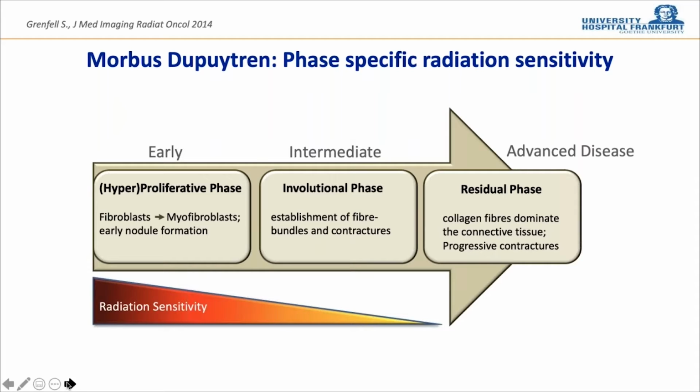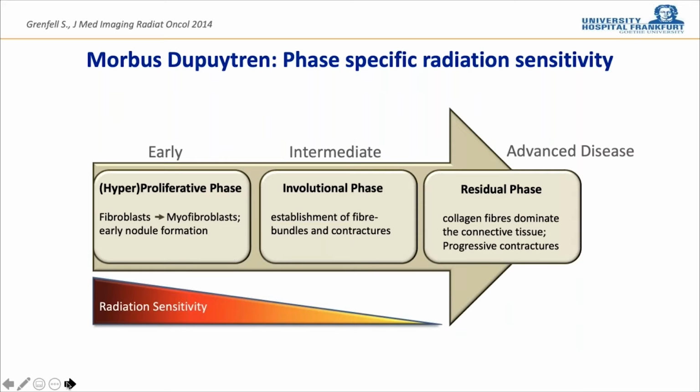Second, an involutional phase with a decreased radiation sensitivity in line with the establishment of fiber bundles resulting in contractures is evident. And finally, a non-radiation sensitive residual phase with collagen fibers dominating the connective tissue is present.